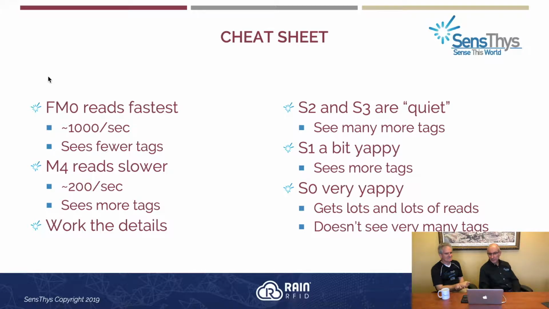So you'll definitely see more tags, particularly if they're stationary tags. We have a large number of tags in a warehouse or something of that type. S1, a little bit more noisy. And then, of course, S0 is very, very yappy, lots of noise, as we've been describing, because a lot of tags will be seen in a short amount of time. Right. Okay.